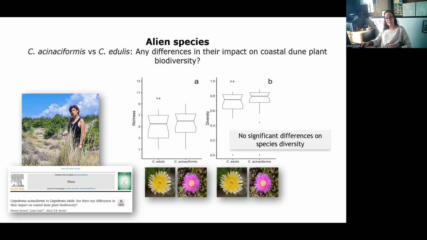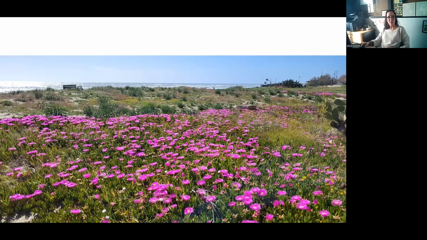As we expected, results confirm a general decrease in native species richness in all the invaded plots with respect to the non-invaded ones. However, there were no significant differences between the 2 species, plots invaded by Carpobrotus edulis and those invaded by Carpobrotus acinaciformis. So, we could confirm that Carpobrotus is a problematic invasive species.